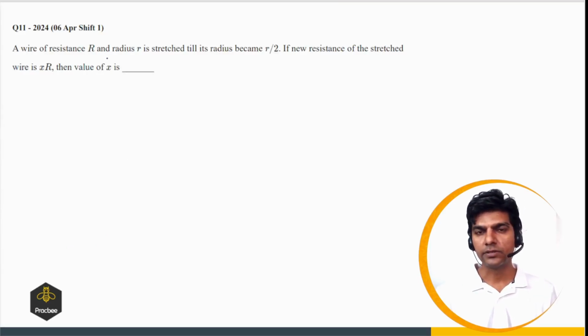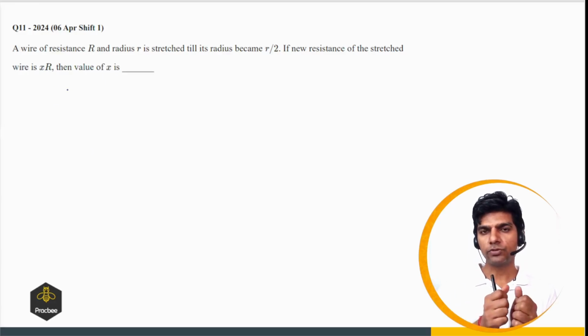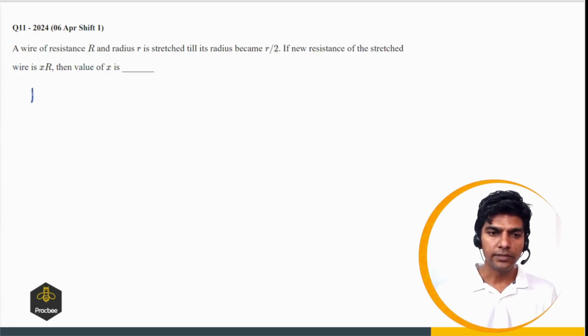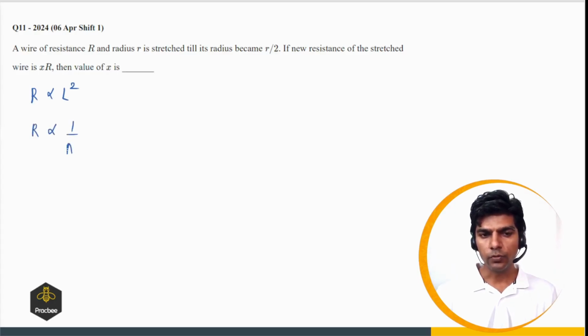A wire of resistance capital R and radius small r is stretched till its radius becomes r by 2, and if the new resistance of the stretched wire is x times R, then find the value of x. I told you, whenever we are stretching or recasting a wire, resistance will be directly proportional to L square, or inversely proportional to the square of the area of cross section, and area of cross section is directly proportional to the square of the radius.